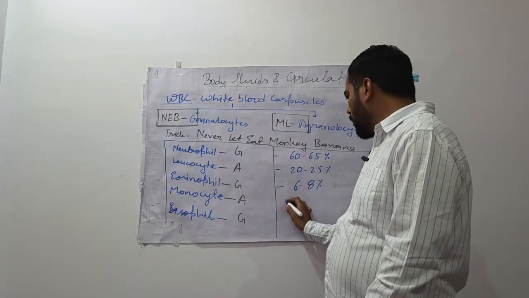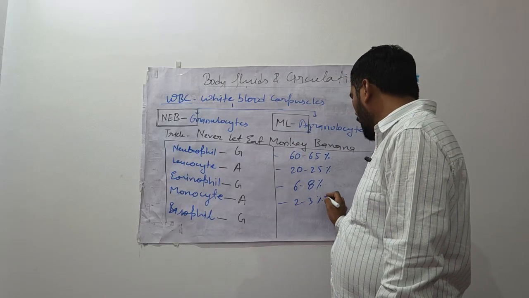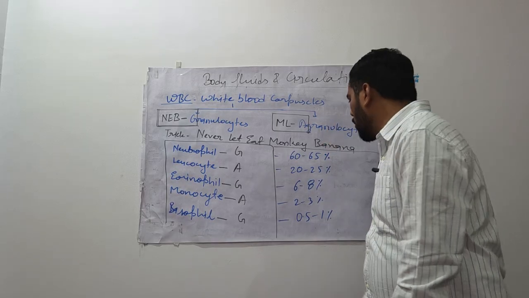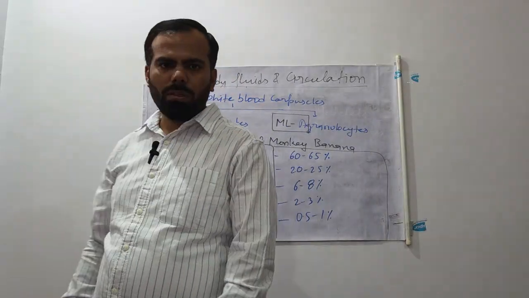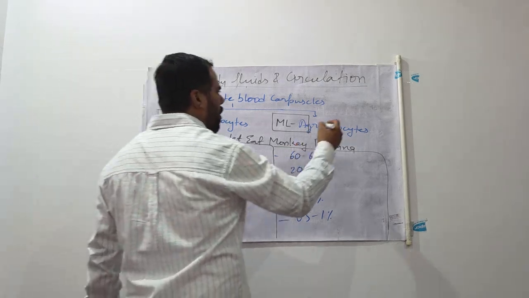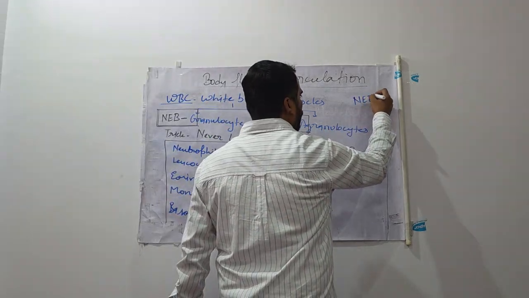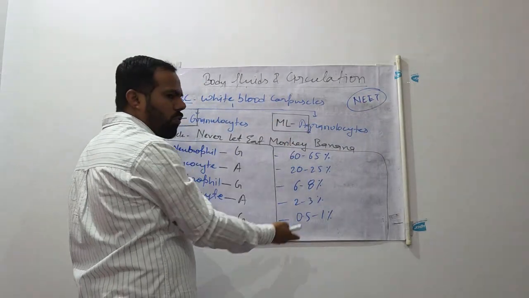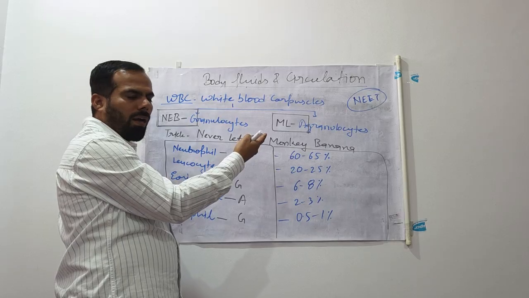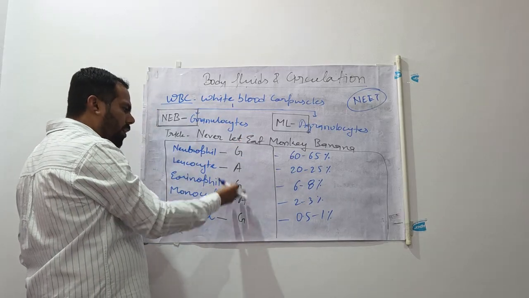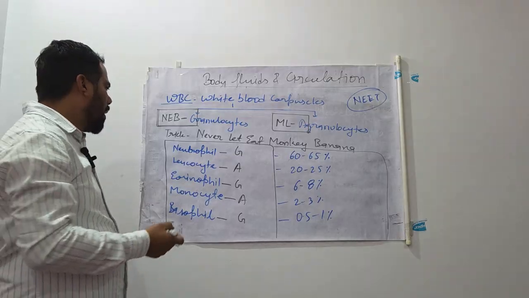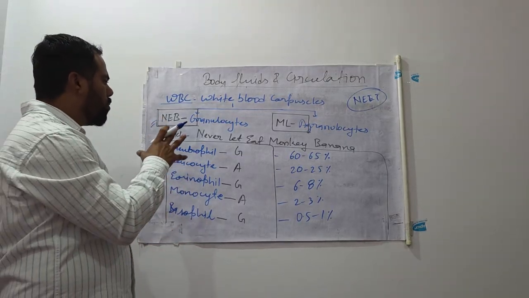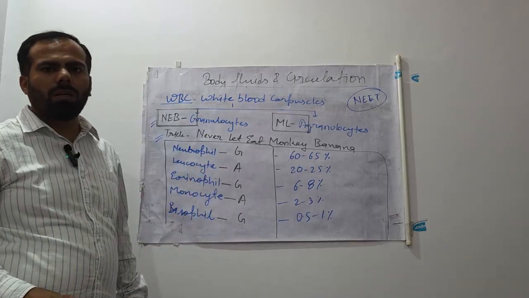Monocyte forms 2 to 3% of WBC, and basophil forms 0.5 to 1% of WBC. It is very important for NEET. This will be asked in your examination: arrange it in lowest or highest order, or which one is granulocyte and which one is agranulocyte. I hope this trick will help you overcome questions related to this topic.